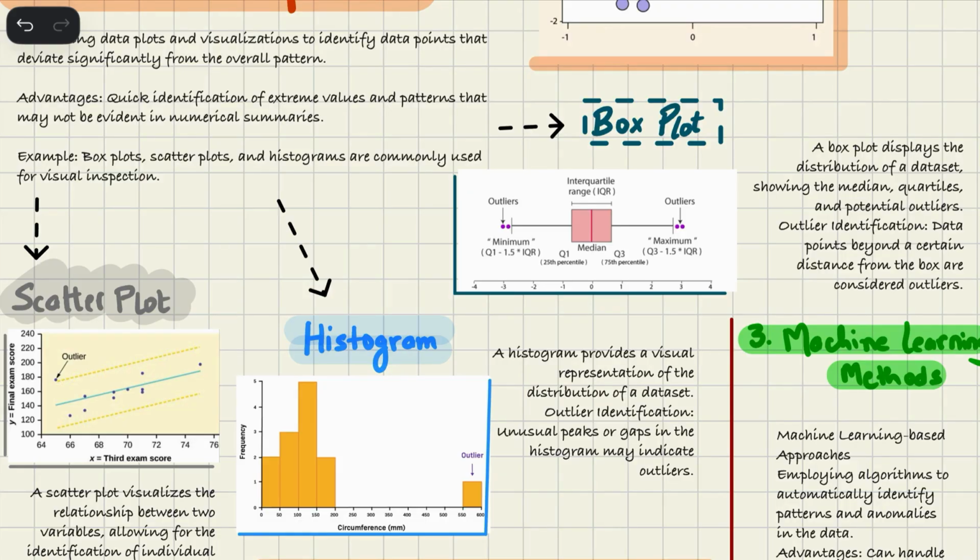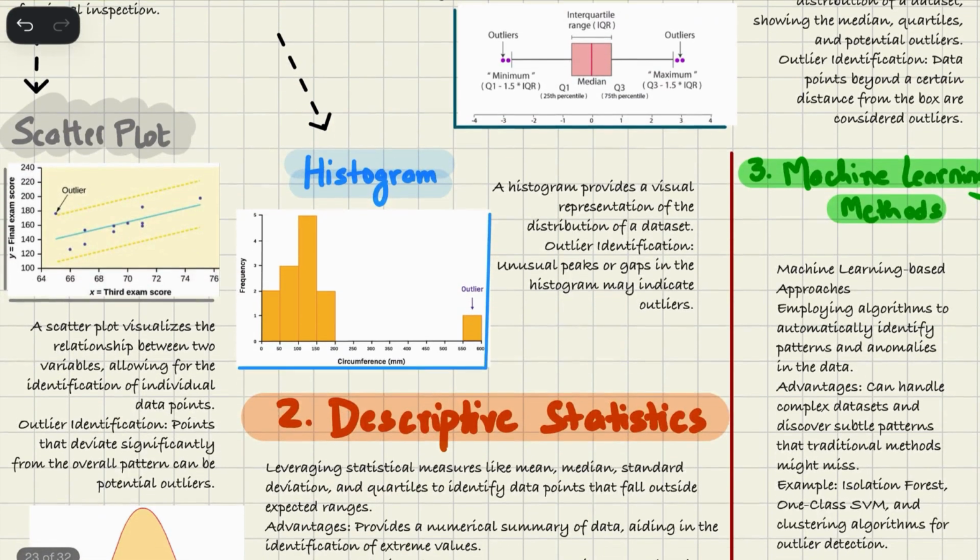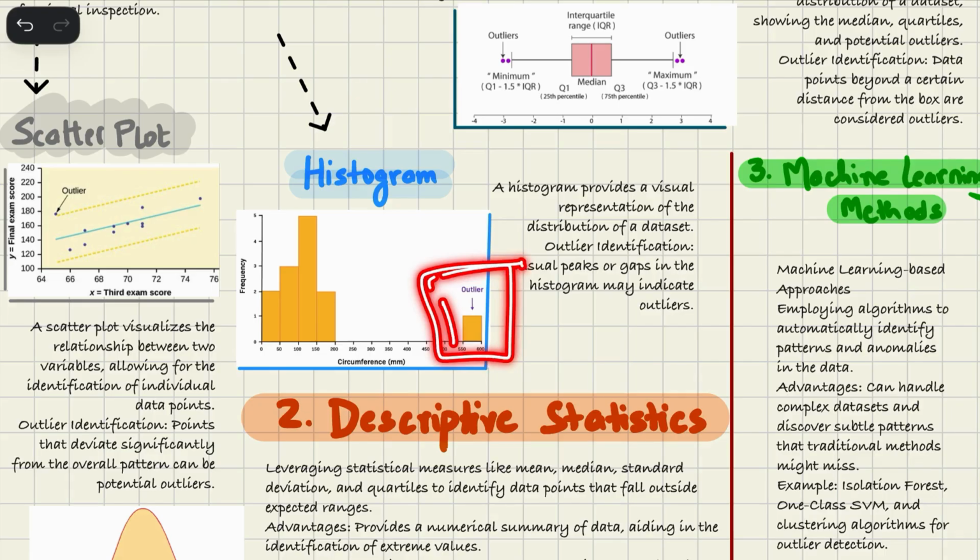For example, if a stray animal escaped your yard, that is now an outlier, right? And we also have histogram, which we can use to visually see if a particular value is completely deviated from the other data, so we can clearly see that there is an outlier.